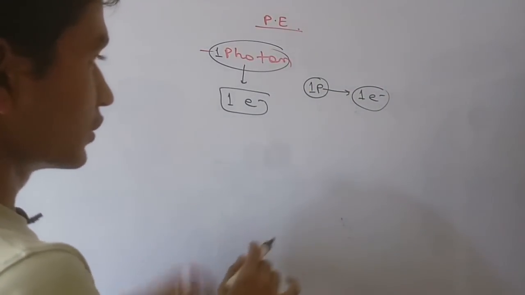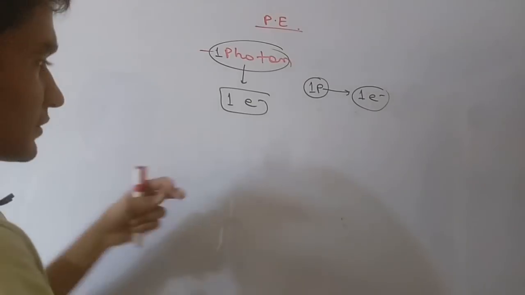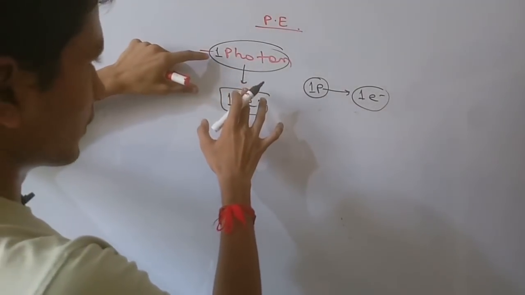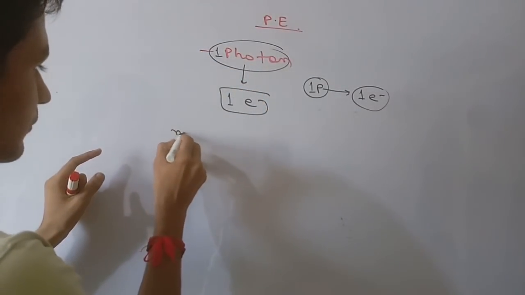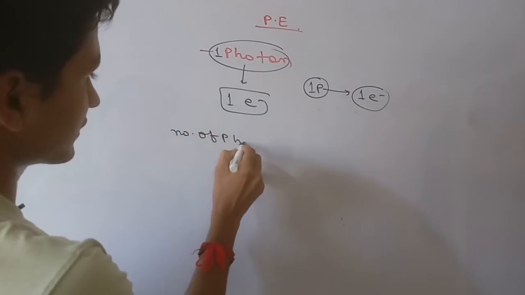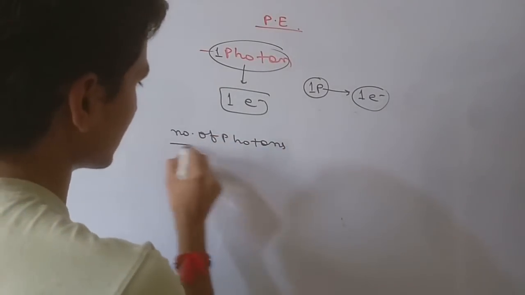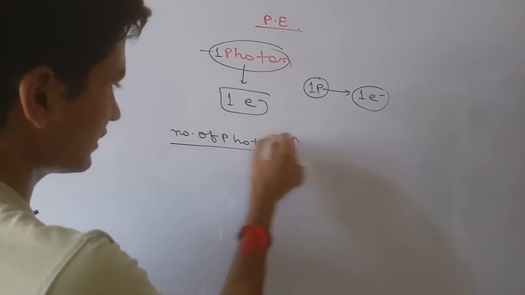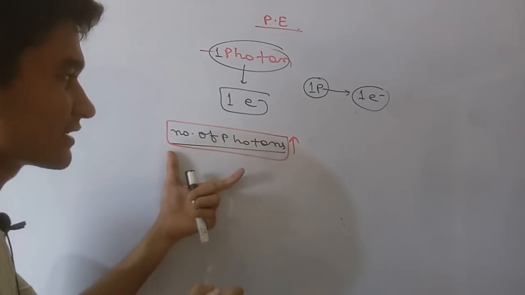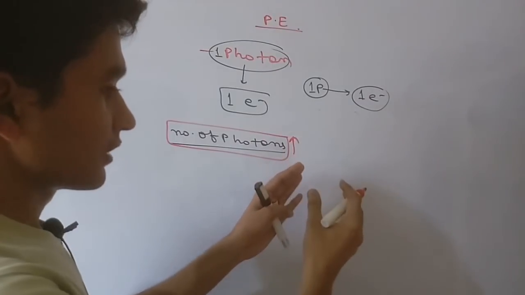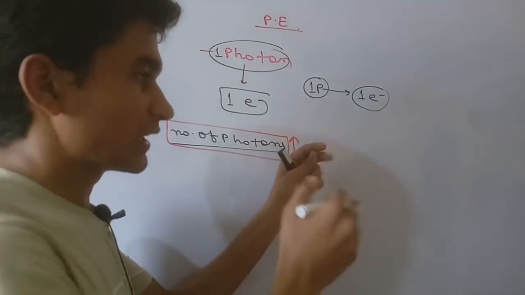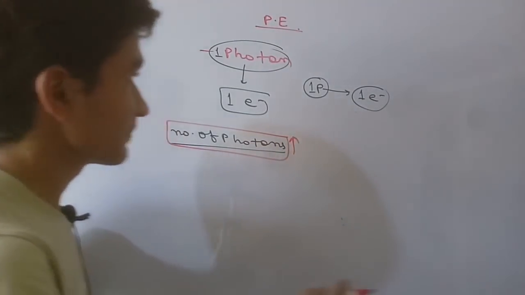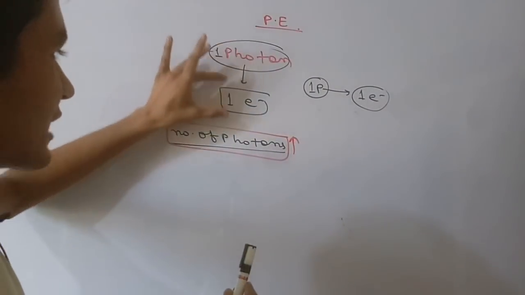Mind it, okay? So suppose you are increasing the number of photons. Mind it, a very interesting concept is there. If you are increasing the number of photons, it means you are increasing, indirectly, the number of electrons which are going to be excited, because one photon collides with one electron.